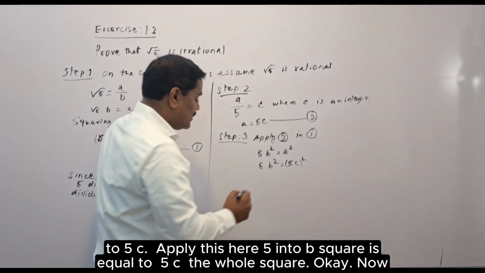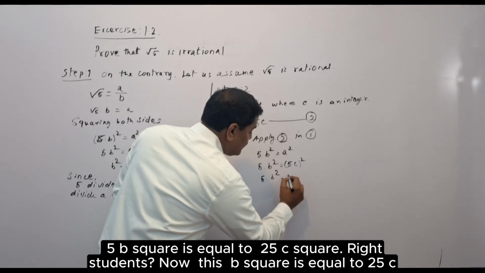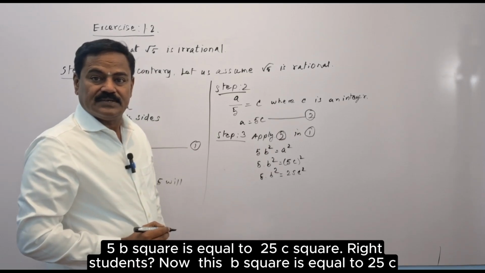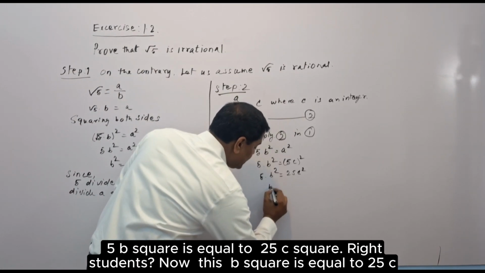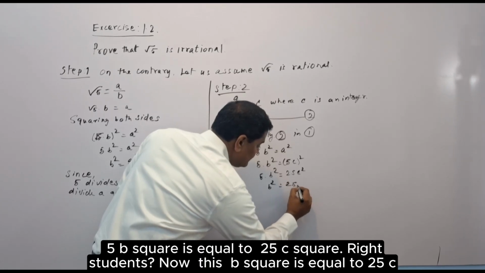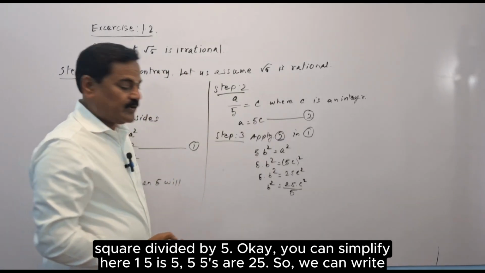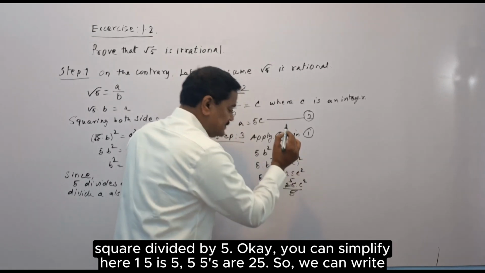Now 5b square is equal to 25c square. Now b square is equal to 25c square divided by 5. You can simplify here: 5 ones are 5, 5 fives are 25.